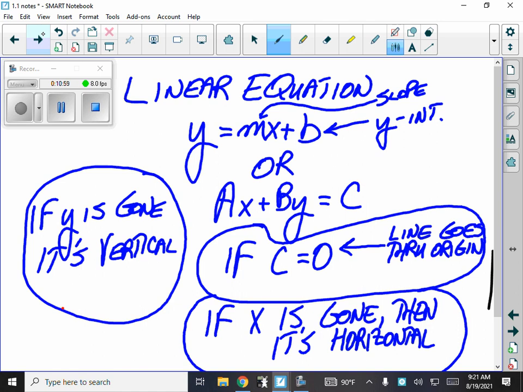If the x is gone, so the ax isn't there, then it's a horizontal line. So if it's y equals 5, it's a horizontal line at 5. And then if y is gone, it's a vertical line. So if it was like 5x equals 25, it's going to be a vertical line. Okay. So any questions there?